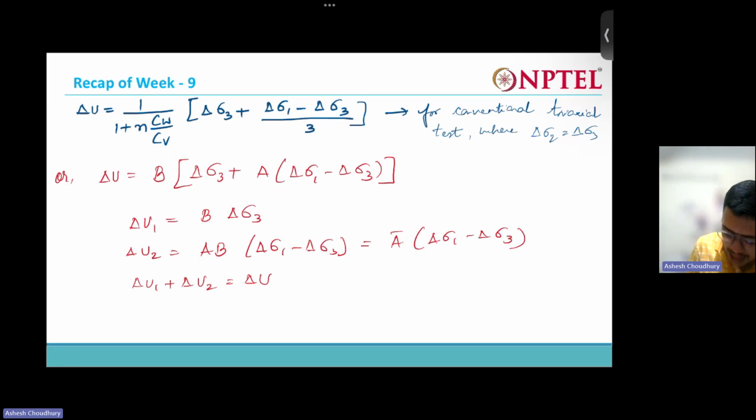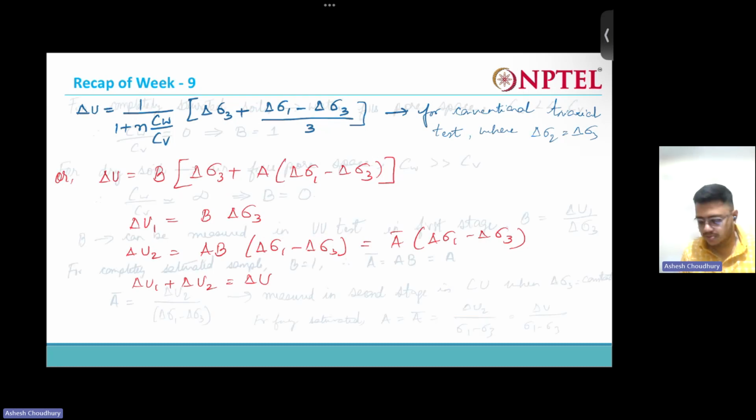Now A into B you are writing as A bar, where A bar is delta u2 by delta sigma 1 minus delta sigma 3. So that finally we have delta u1 plus delta u2 is equal to delta u.